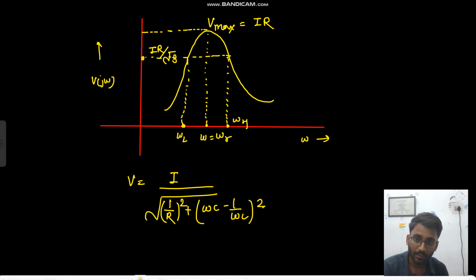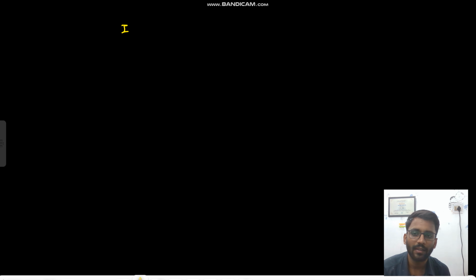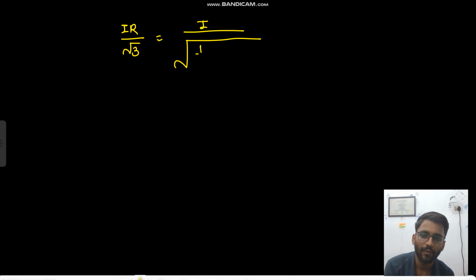So at omega equals omega 3 dB, V is equal to V max by root 2. So it will be IR by root 2 equals I upon root of (1 by R square plus (omega C minus 1 by omega L) whole square).